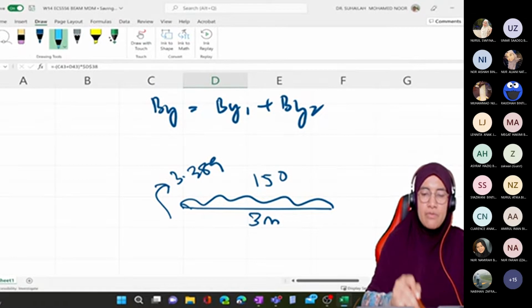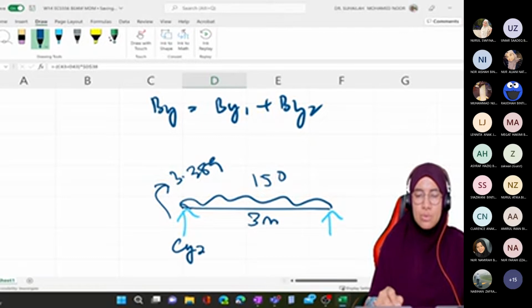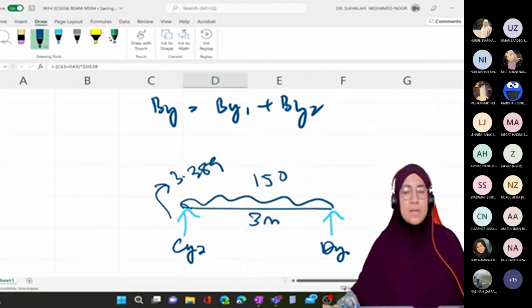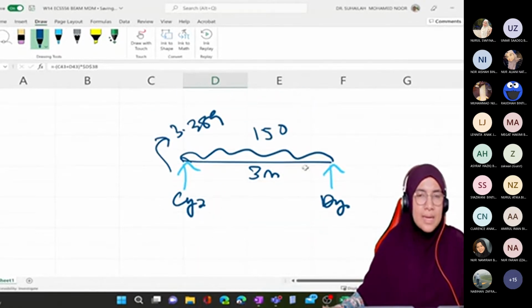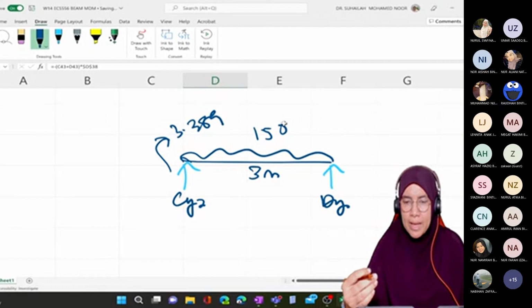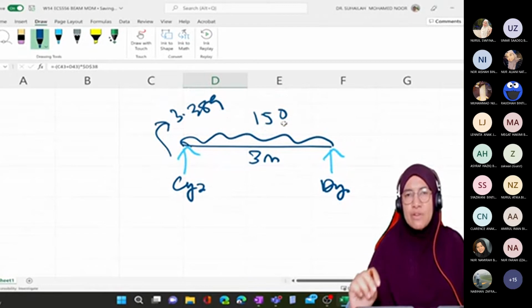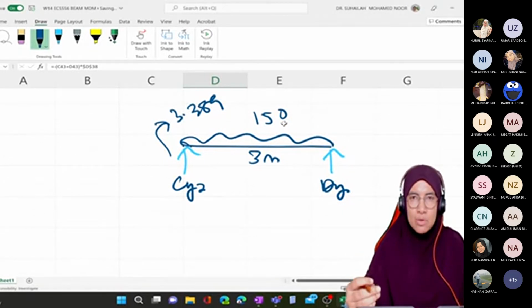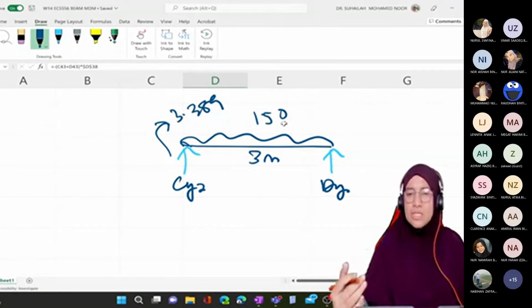So this will be CY2 and DY. Then analyzing member CD, we get CY2 and DY from static equilibrium, and then we can plot the shear force diagram for member CD to identify whether the shear force diagram has intersection or not.